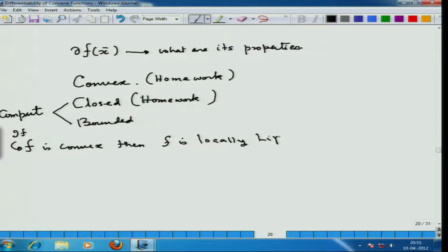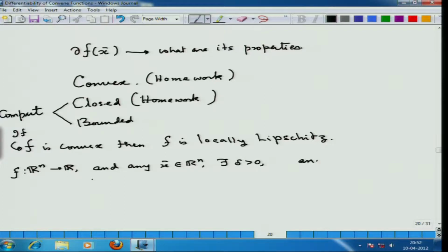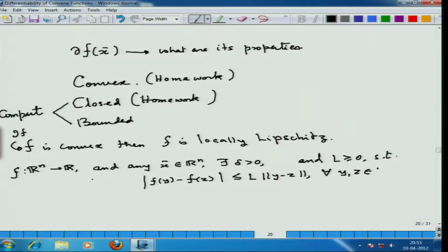So, what do I mean by this statement of locally Lipschitz? For any function f from R^n to R, assume it is a convex function, and any x̄ in R^n, there exists δ greater than 0 and L greater than or equal to 0 such that |f(y) − f(z)| is less than or equal to L times the norm of y − z for all y and z belonging to this neighborhood.